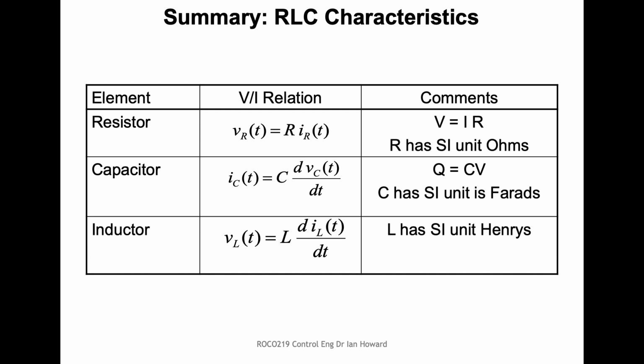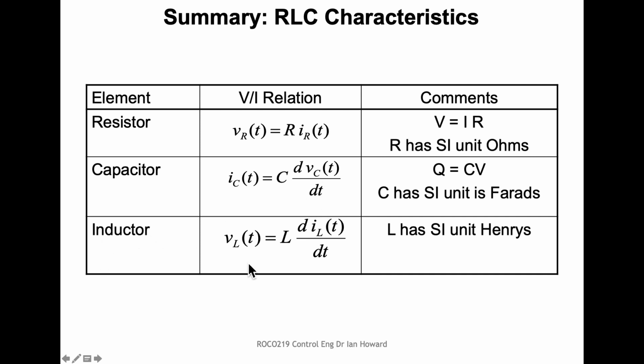So just quickly to summarise then, for a resistive element, we have a simple voltage current relation, V = IR, that's just Ohm's law. For a capacitor, current equals C multiplied by the rate of change of the voltage across it.